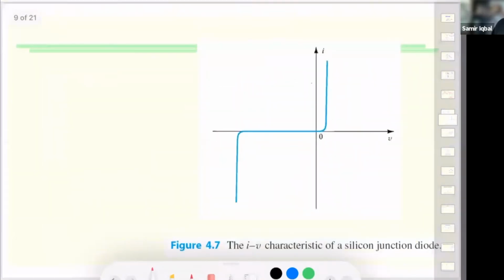All right, so when we look at the IV characteristics of a diode, we have a few things that go in there. For example, the forward bias current and the reverse bias current. How do we calculate those?